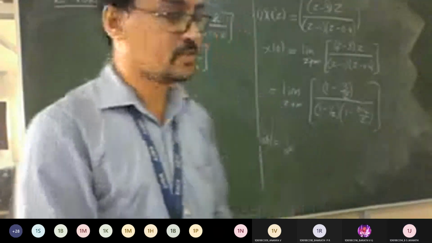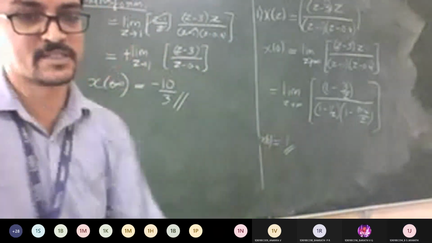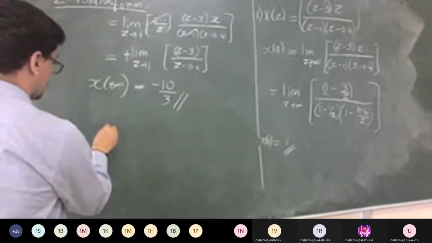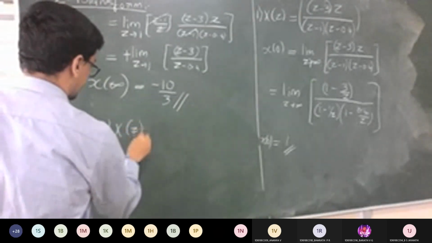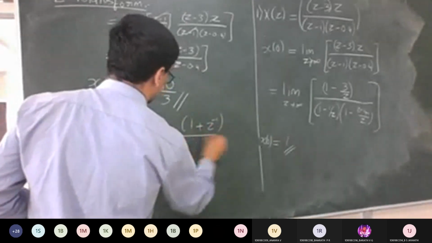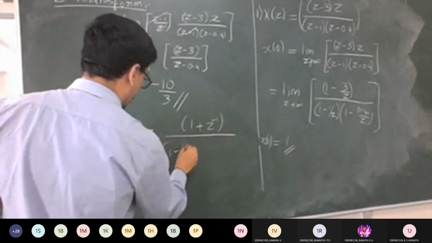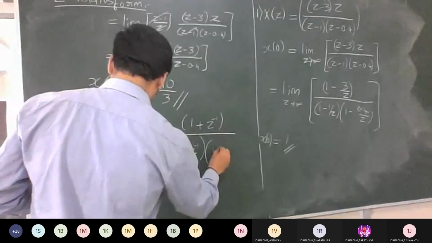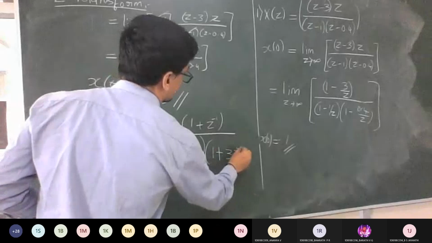So you just take this problem and finish it off. Then next class you can go with some other topic. So you solve this: X(z) equals 1 plus z raised to minus 1, divided by 1 minus 1 by 2 z raised to minus 1 into 1 plus 3 the remains.